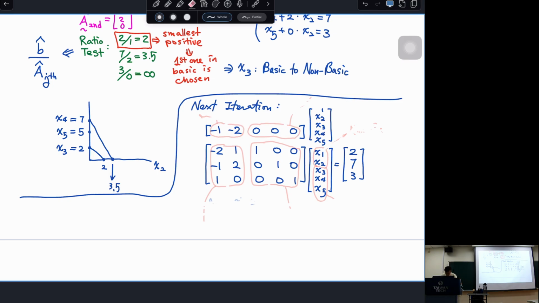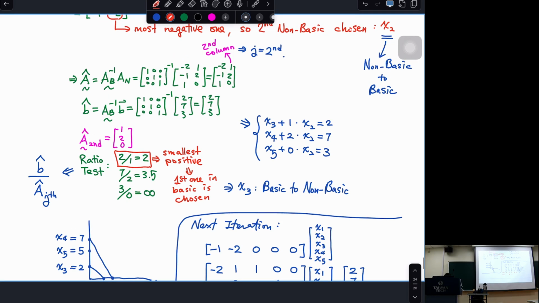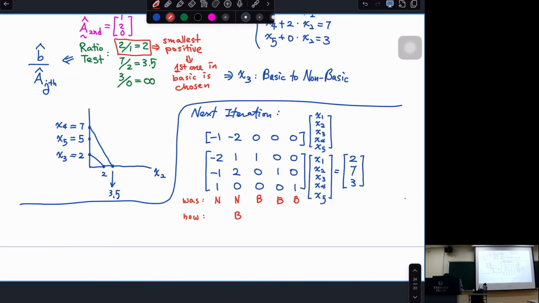So in the previous iteration, these were basic, these were non-basic. Now, after swapping, x2 becomes basic. So x3 becomes non-basic. The rest remains the same.